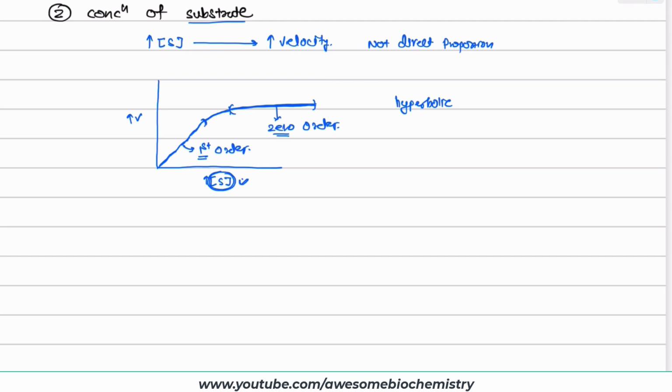And remember, if we have an allosteric enzyme, then the graph of velocity versus substrate concentration is going to be a sigmoid or S-shaped curve. Now the allosteric enzyme is a totally different kind of enzyme, which I will discuss in a future video.